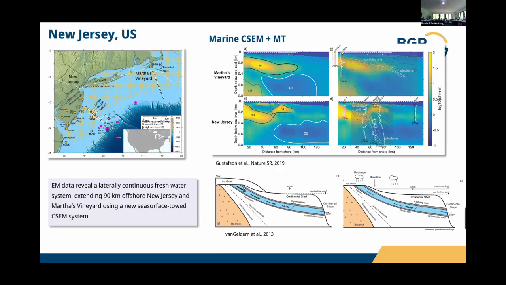The main result is that they found this very resistive anomaly here, which they overlaid with the seismic interpretation and interpreted as a groundwater reservoir, which extends 90 kilometers offshore New Jersey using this system.